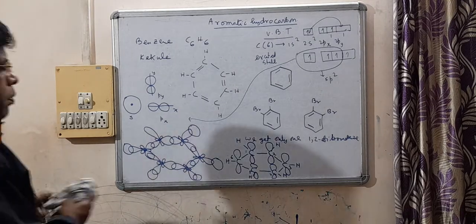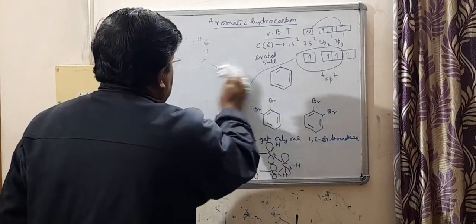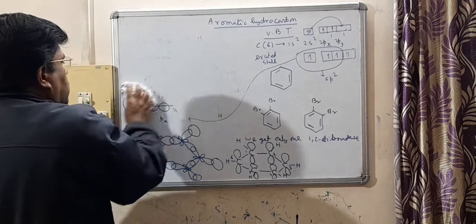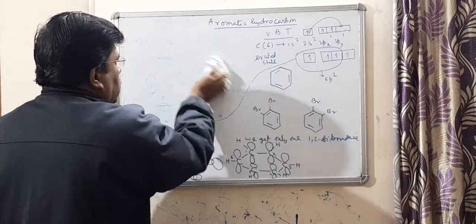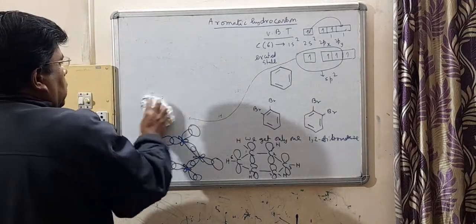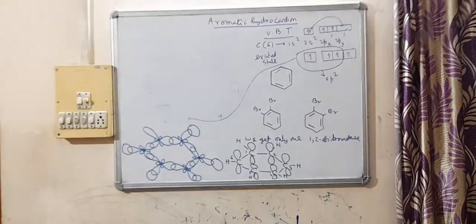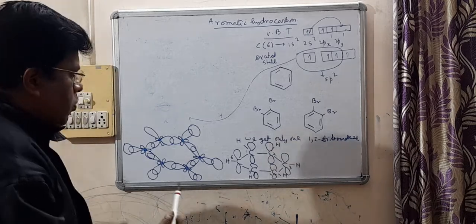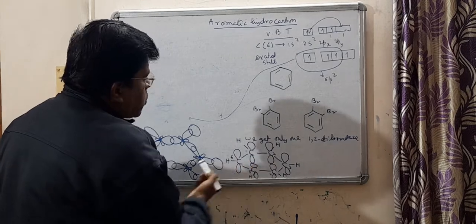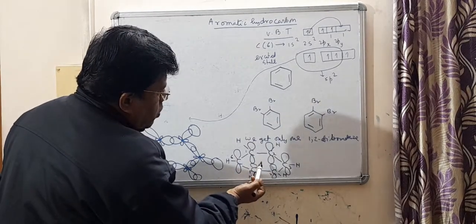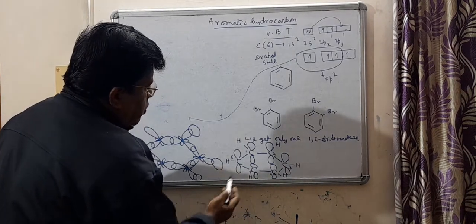So now what will happen is, suppose these p orbitals 1 and 2 sideways overlap, 3 and 4 sideways overlap, and 5 and 6 sideways overlap.